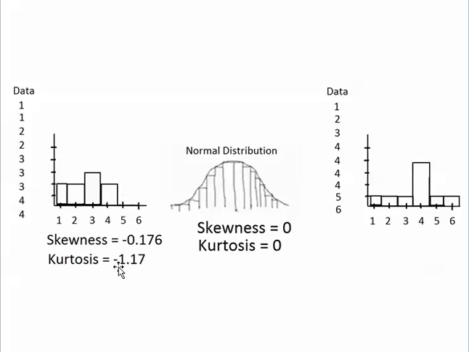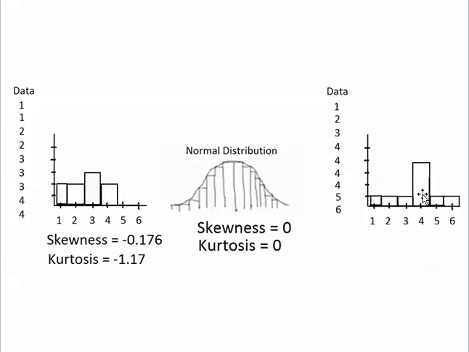It has a kurtosis of negative 1.17, which is below negative 1, which means it does have a considerable negative kurtosis. But the skewness value is really close to 0, and so it has almost no skewness at all, and that makes sense because it's peaking right at the center, or at least close to the center, so it doesn't have very much skewness.